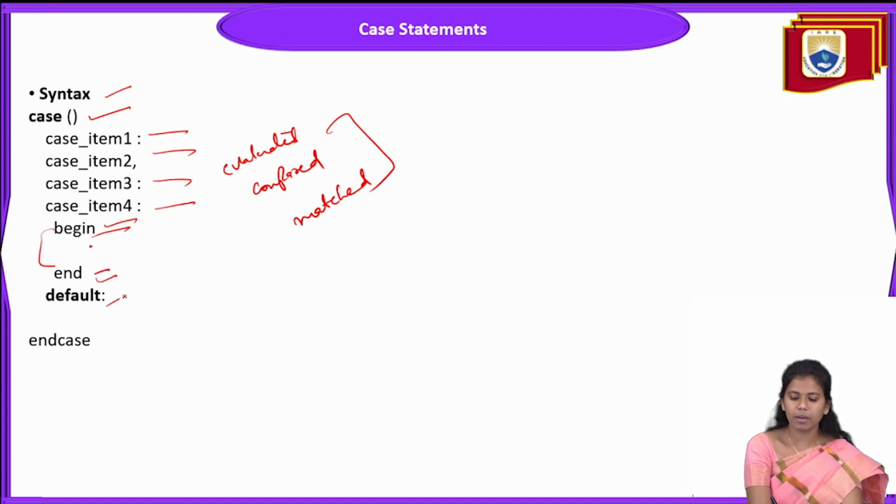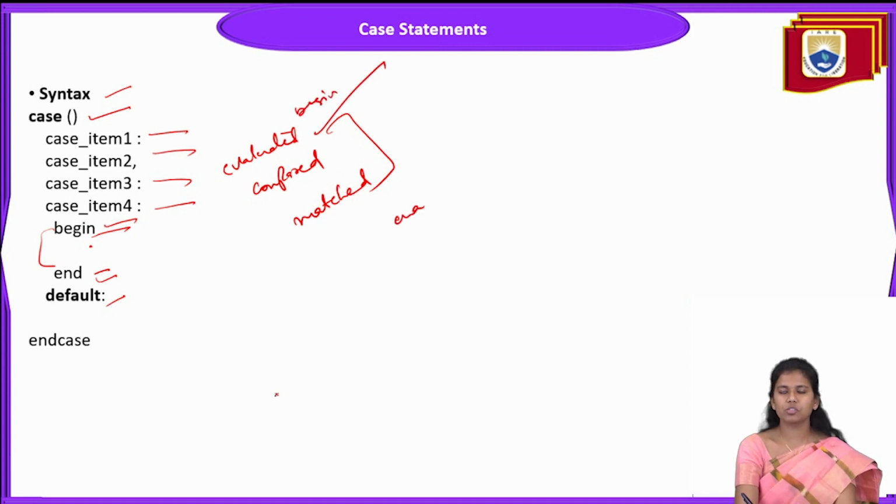And then by default, if they are evaluated in between the begin and end, once evaluated, by default the other statements will come into existence, and those statements also have to be evaluated in parallel.